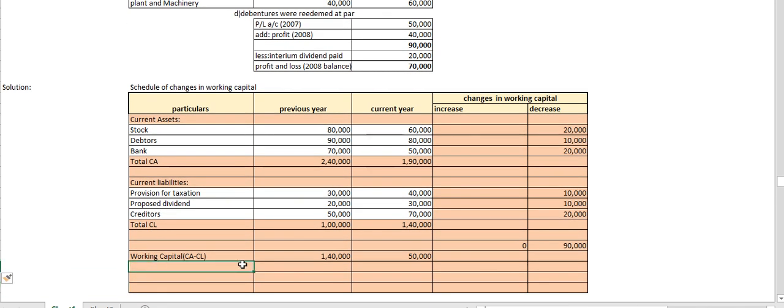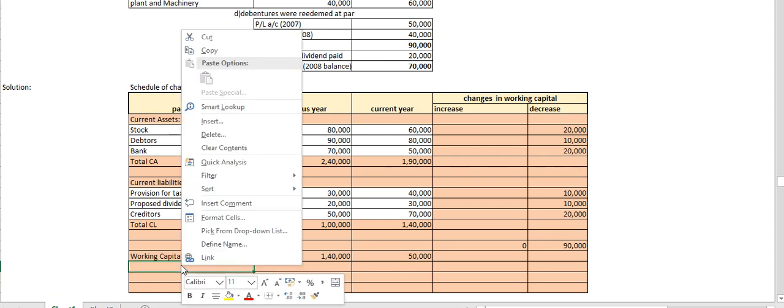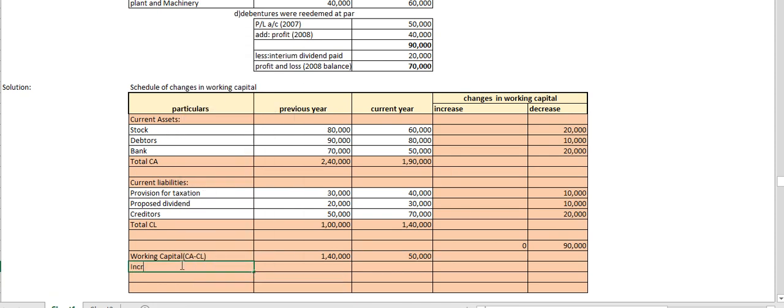Now if you see, last year the working capital is 1,40,000, the current year it is 50,000, which is equal to 1,40,000 minus 50,000, which is equal to 90,000.